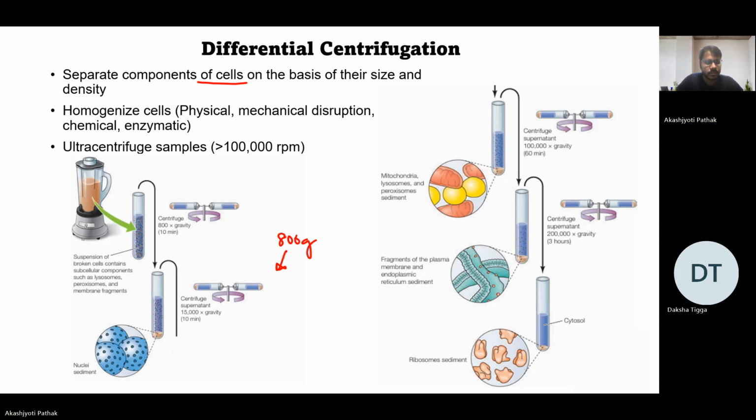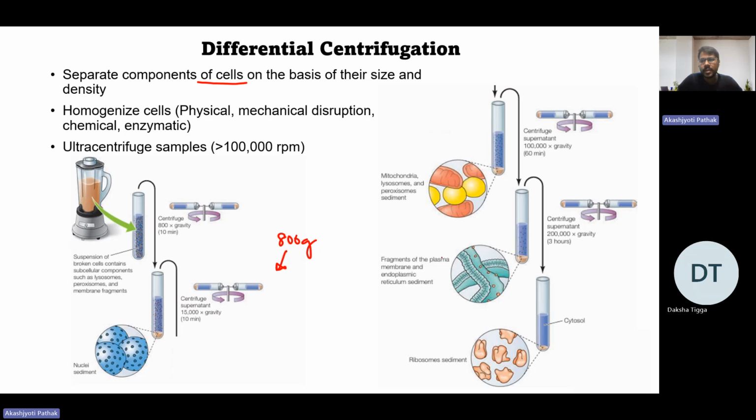After that, we collect the supernatant, and this supernatant undergoes a second round of centrifugation at 15,000 G for 10 minutes. When this supernatant is spun at 15,000 G for 10 minutes, what component of the cell is sedimented?